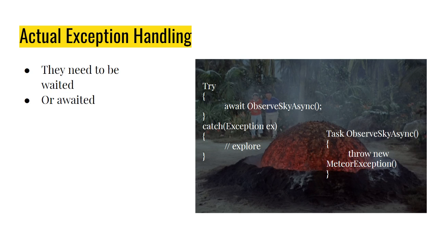You can just say Wait, and it will also throw an exception. You will also catch an exception if you wait for something instead of awaiting, but that exception will not be exactly what you expect it to be. If you handle an exception of something that you waited for, you will get an aggregate exception.